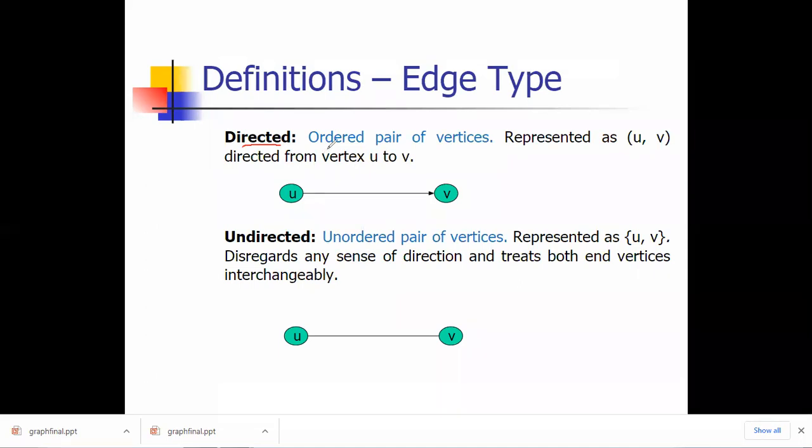What are those? An ordered pair of vertices, let's say the vertices are U and V. U and V are connected via an edge, and the edge direction is given. So it is called a directed edge. Or if I connect this one again, this is the graph. Here in a graph we are making the cycle, but in case of a tree, it's not possible.